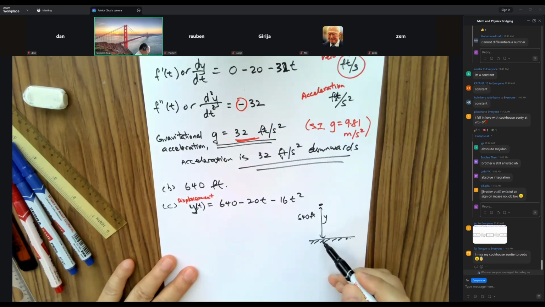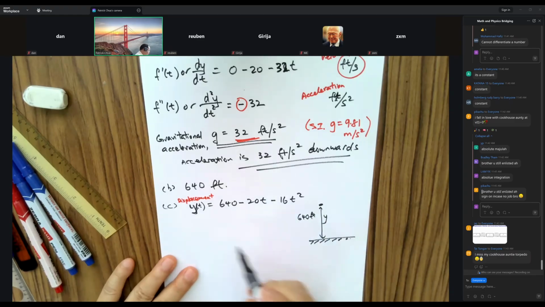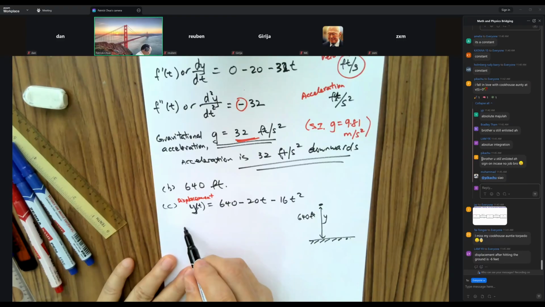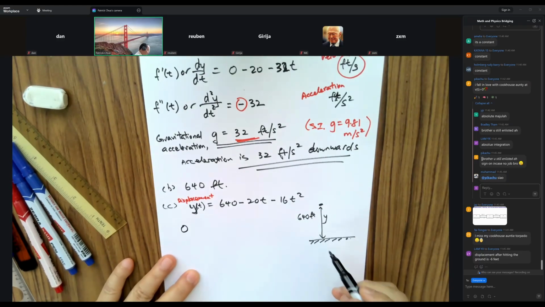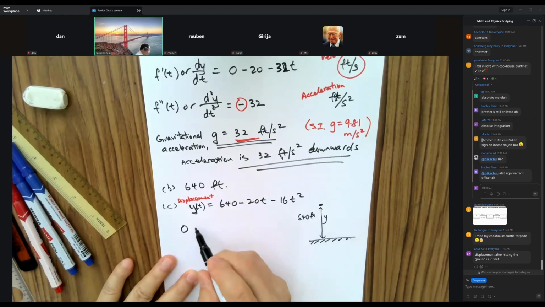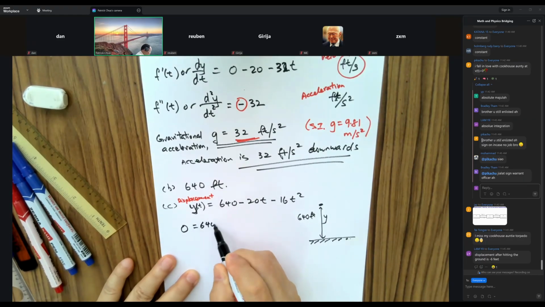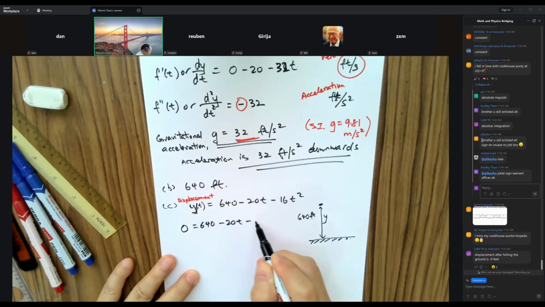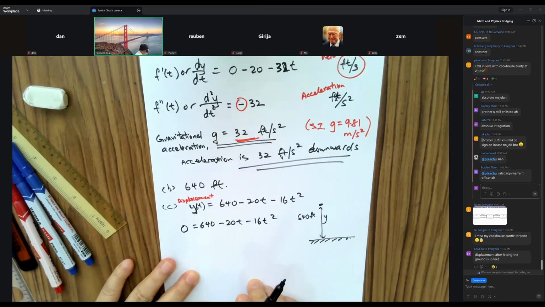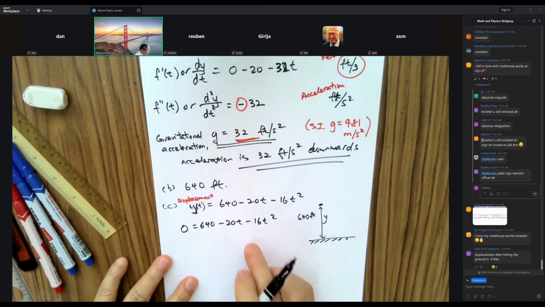To find how long it takes before he hits the ground, what will we do? When he hits the ground, his height is 0. So 0 equals 640 minus 20t minus 16t squared. Now you solve this quadratic equation for t.